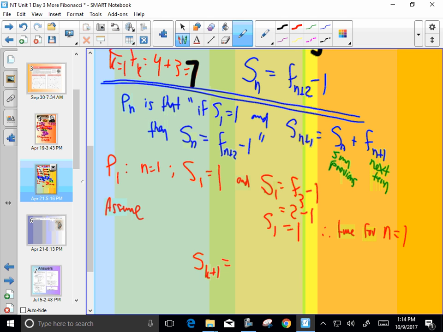And then all you have to do for this next one, I know you don't like this, but S of R is equal to F of R plus 2 minus 1.